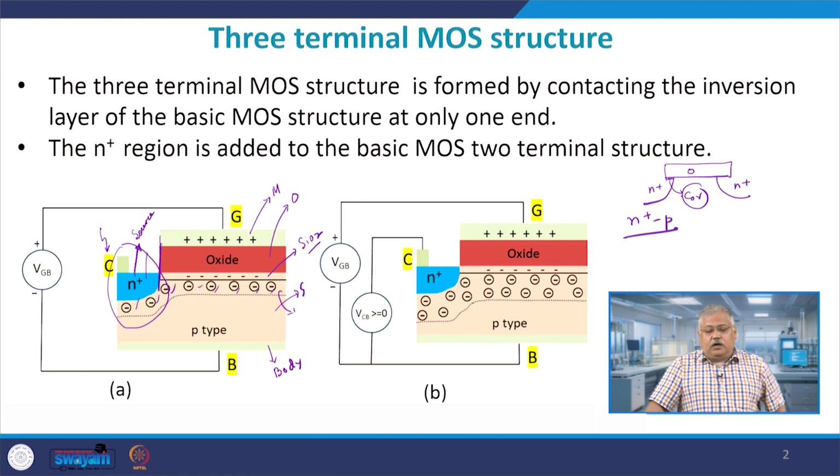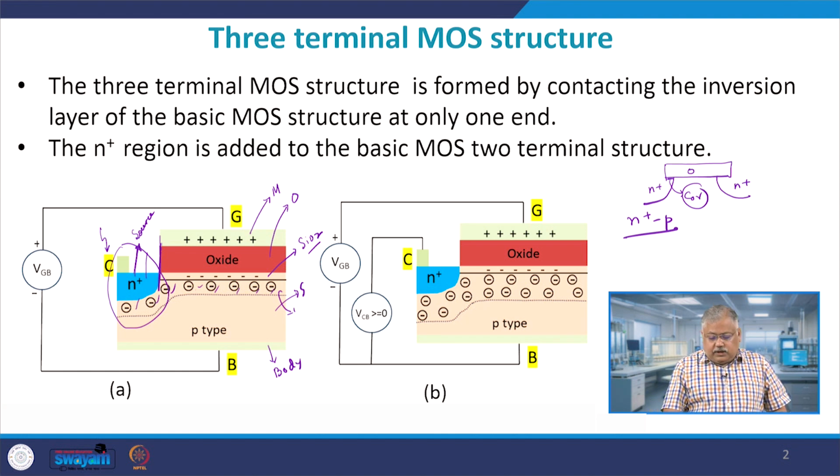So what we learn when you introduce a third terminal known as the source terminal is that you formulate a depletion region even below the source region, which is depleted of any free charge carriers. There are only immobile charge carriers available there.